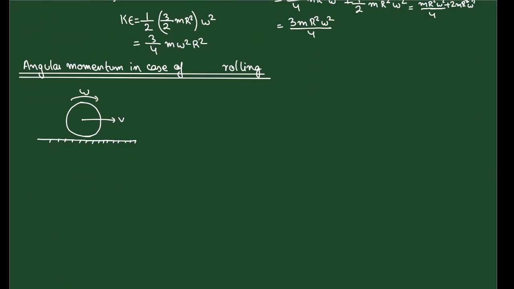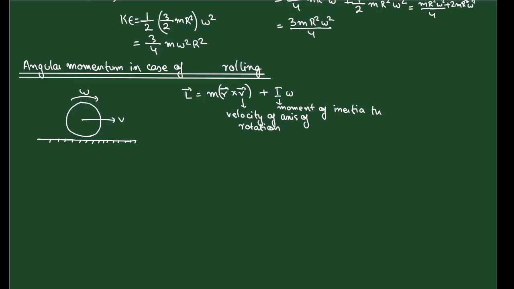See, the angular momentum is nothing but L is equal to m r cross v, and this velocity is nothing but the velocity of the axis of rotation, whichever axis you are taking, plus I omega, the moment of inertia through the axis.